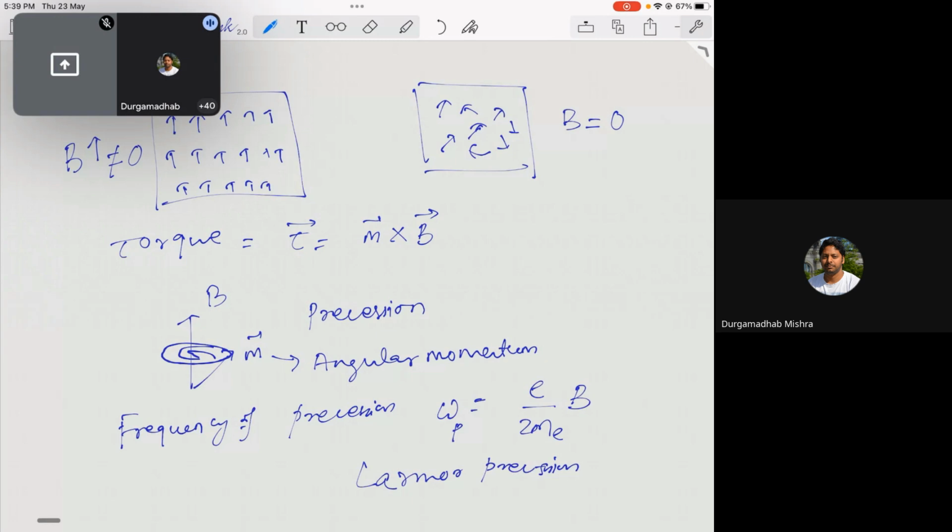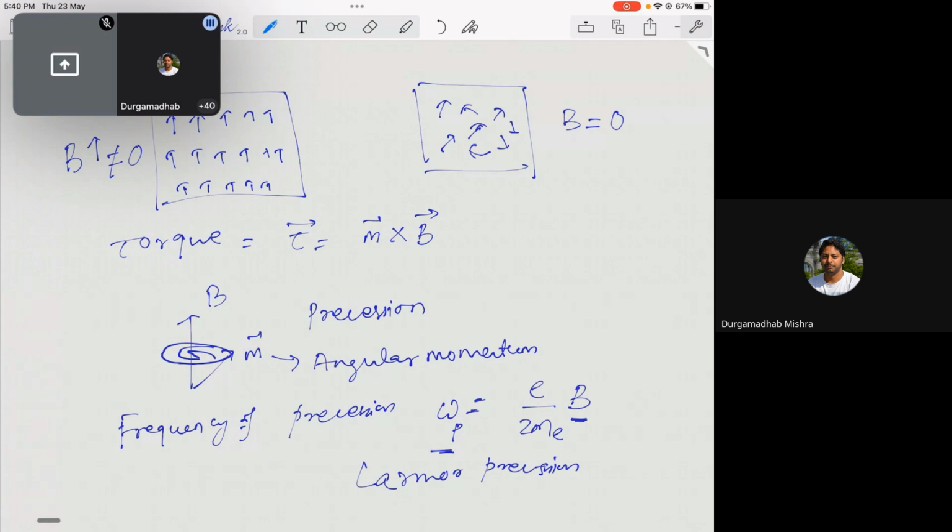As you can see, the stronger the magnetic field B, the larger the Larmor precession frequency, and for a small field, this frequency will be small. So it starts precessing, and then eventually it will get aligned along the magnetic field.